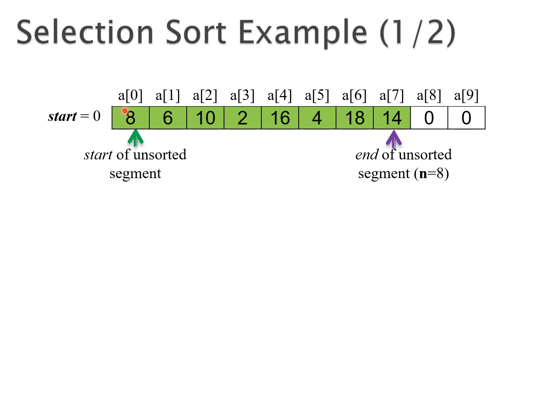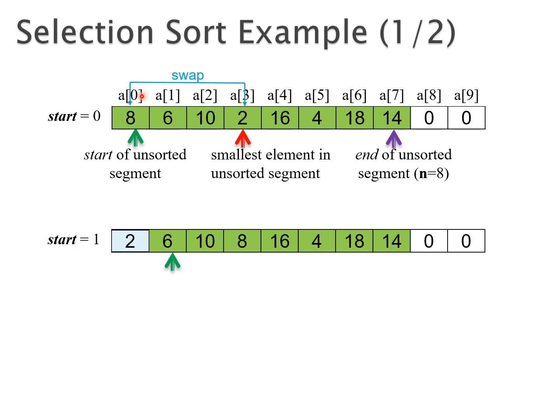So at the beginning, when start equals 0, the unsorted segment is from index 0 to index 7, which is n minus 1, where n is equal to 8 in this case. Then we look for the smallest element in the unsorted segment, and it's at index 3. So we swap the element at index 3 and the first element in the current unsorted segment, which is at index 0.